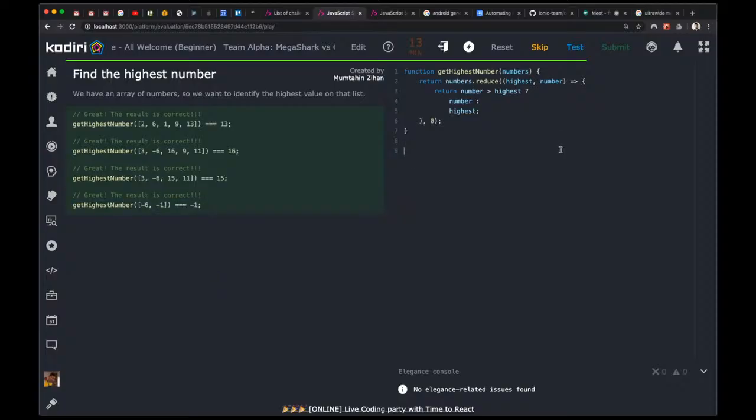That's correct. You see, it works in all the use case scenarios because in all the assertions we got at least one positive number. However, in the last one, we don't have any positive numbers. In other words, is 0 greater than -6? Yes. Is 0 greater than -1? Yes. So it will return 0, which is not correct.